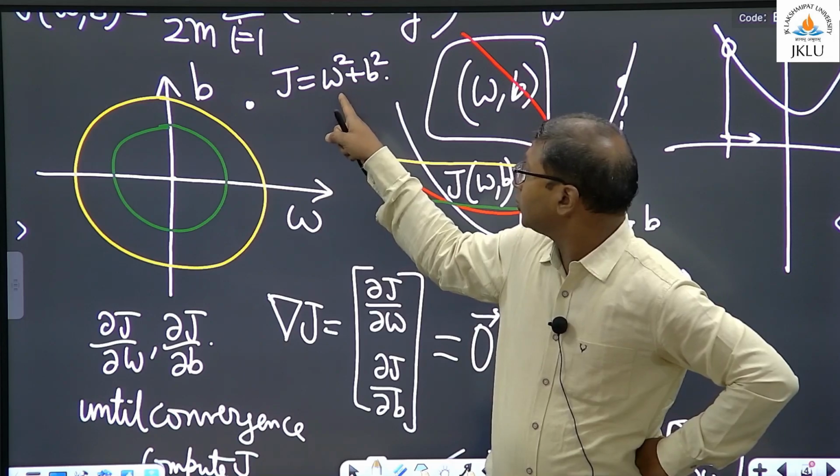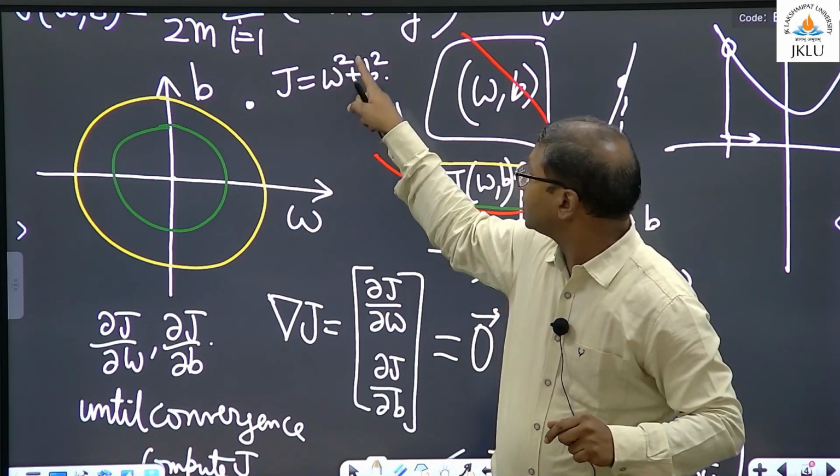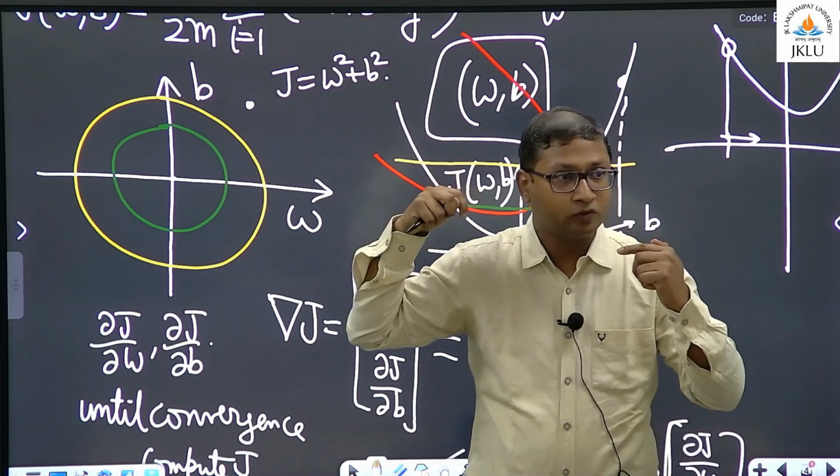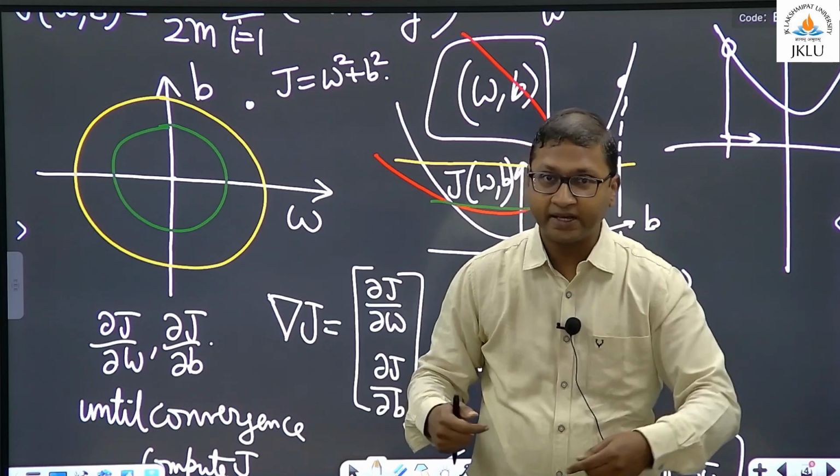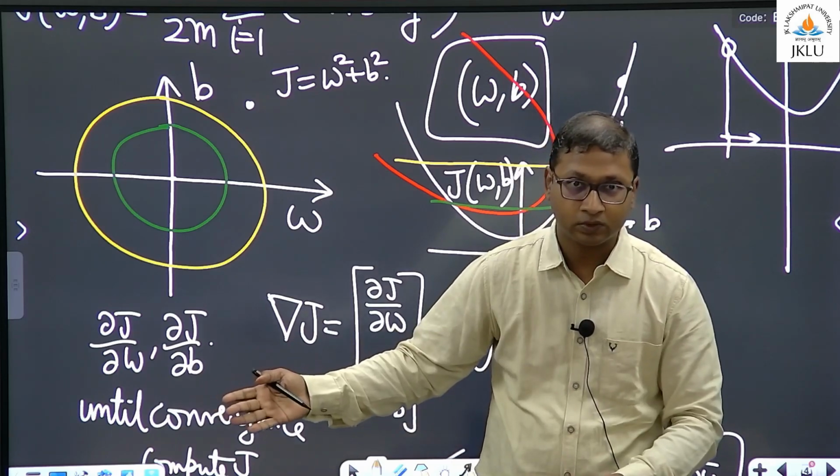That circle for which w square plus b square is equal to 4. So the radius is 2, right?